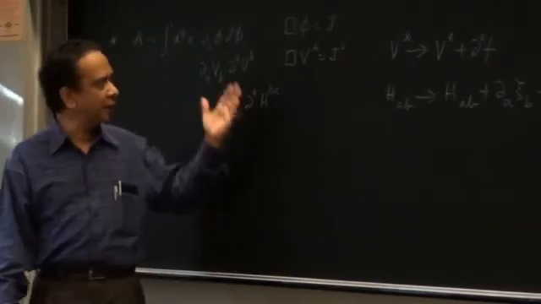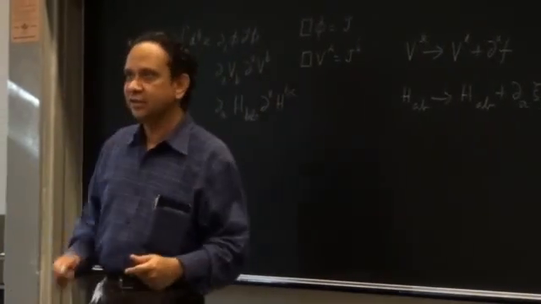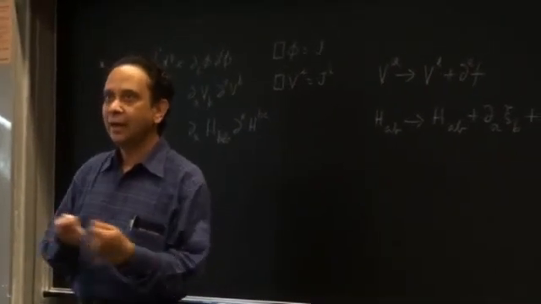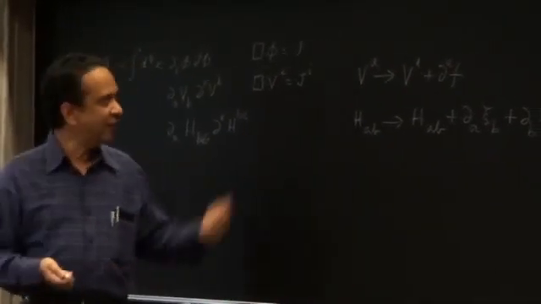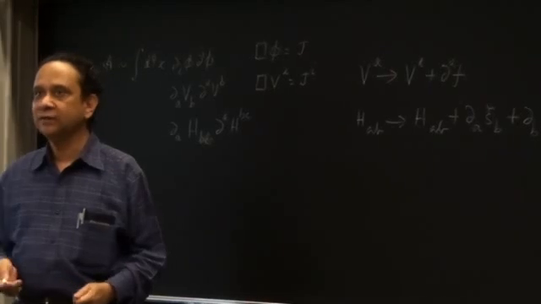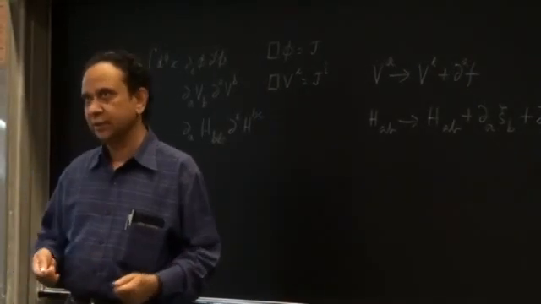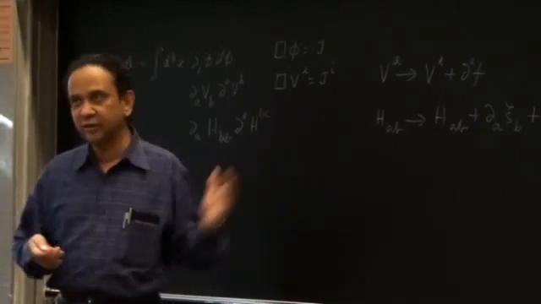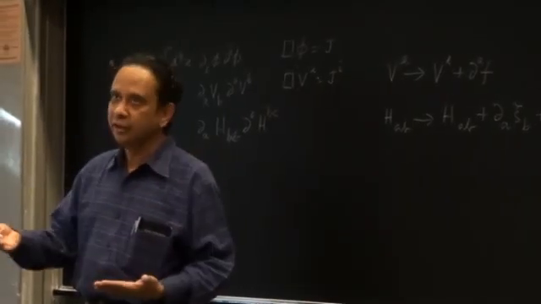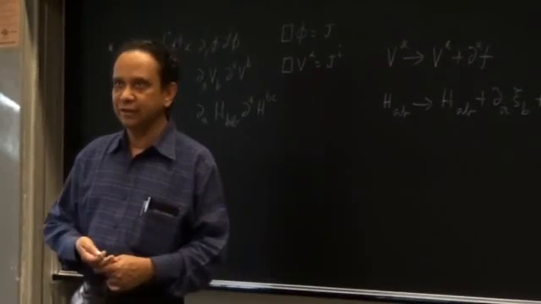I was commenting on the relationship between the contraction of the Lorentz indices and whether something attracts or repels. The point is that if I have two sources, J1 of x and J2 of x, you ask what is the interaction energy between these sources. So there is a J1 of x which produces a field phi and then it couples to J2 of x. Let us think of the static situation.